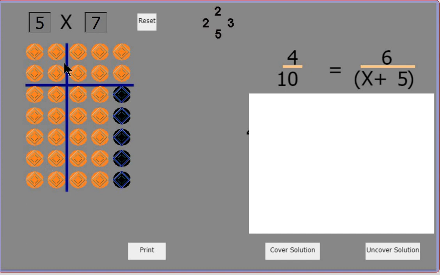So 4/10 equals 6 over x plus 5. And with that you can see that the bottom right area, the black discs correspond to the constant in the denominator, and the red discs will correspond to the unknown x.